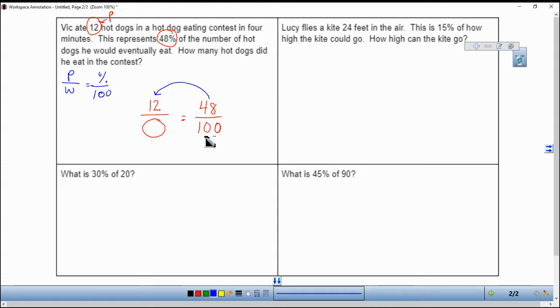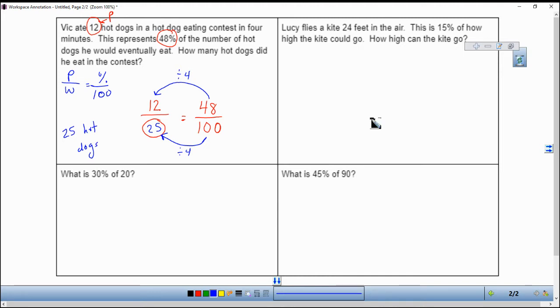What can we divide 48 by to get to 12? 48 divided by 4 is 12. And so we'd have to do 100 divided by 4, which is 25. So it looks like he's going to eat 25 hot dogs, which is a lot of hot dogs. That's more than perhaps I've eaten in a decade.